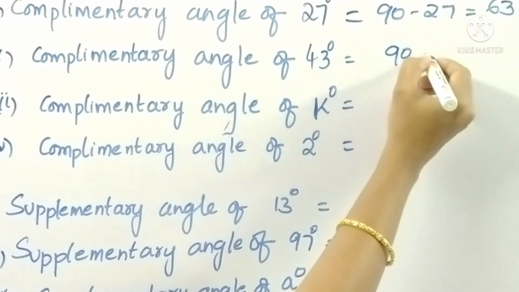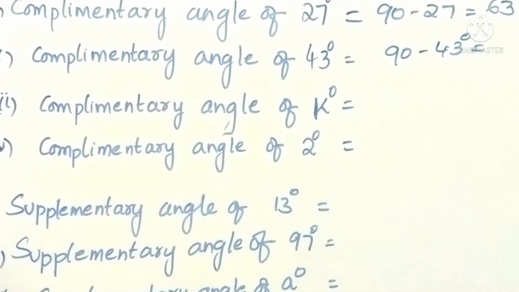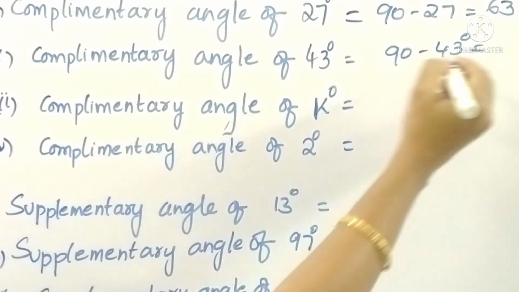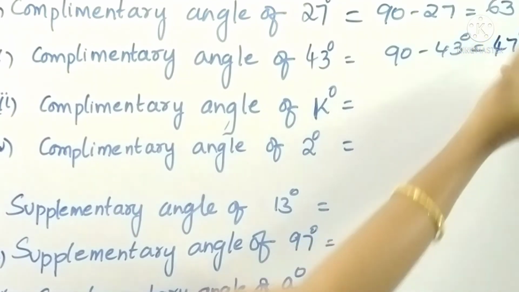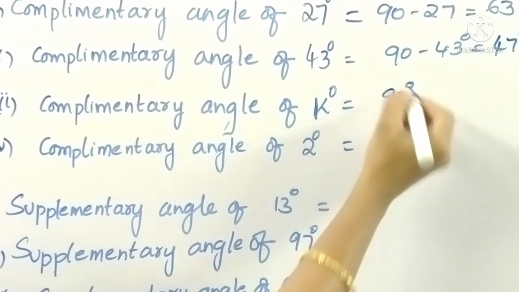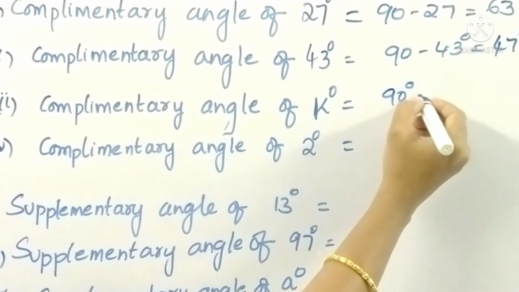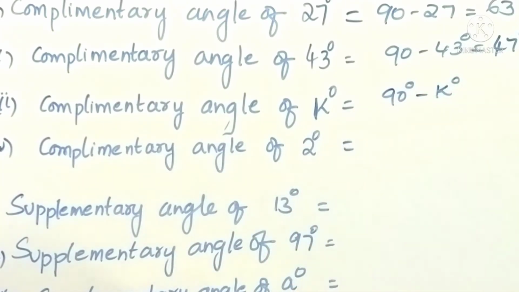Here, 90 minus 43. First do 90 minus 40, how much? 50. Now 50 minus 3, 47. So split the number and then subtract. Complementary angle of K: the complementary angle of x is 90 minus x, similarly the complementary angle of K is 90 minus K degrees.